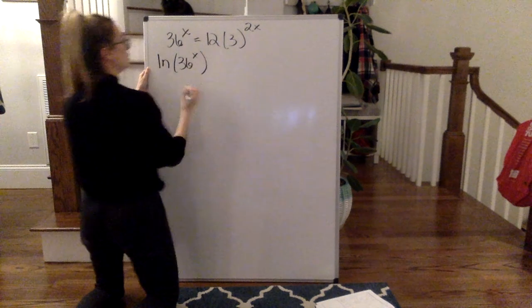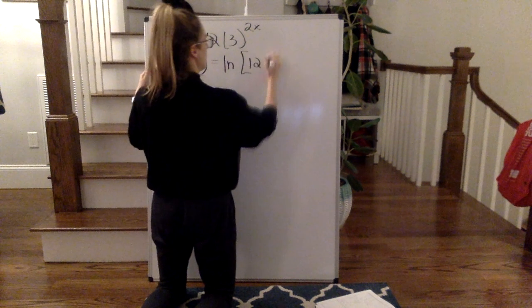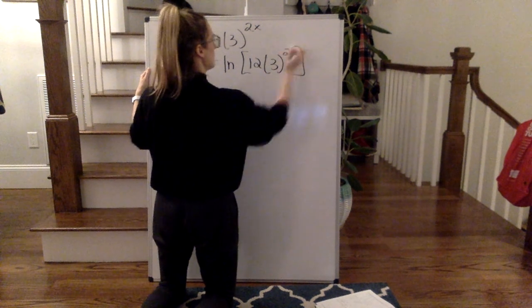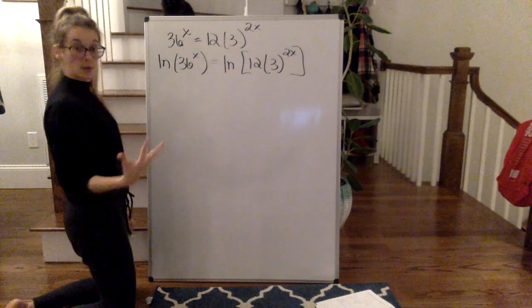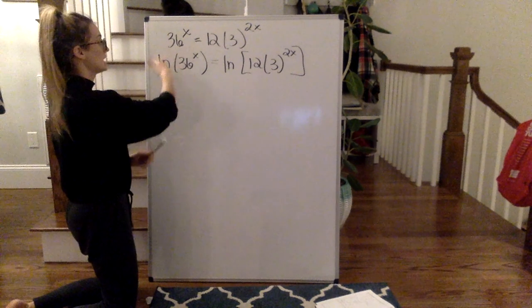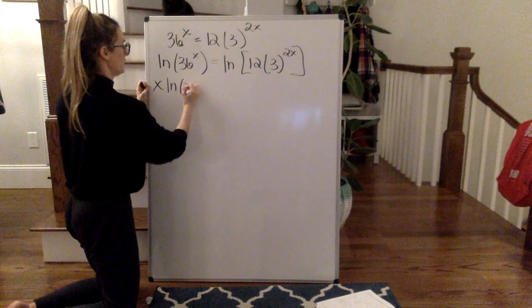So I'll take the ln of the left side, and I'll take the ln of the right side. Okay, right here, let's apply the power property. So I know that anytime I have an exponent or a power inside of a log, I can drop them in front as a multiplier or a leading coefficient.